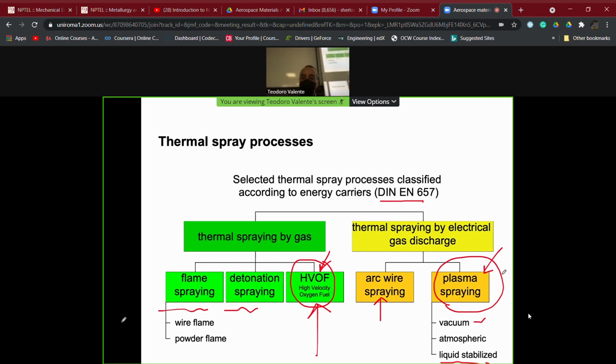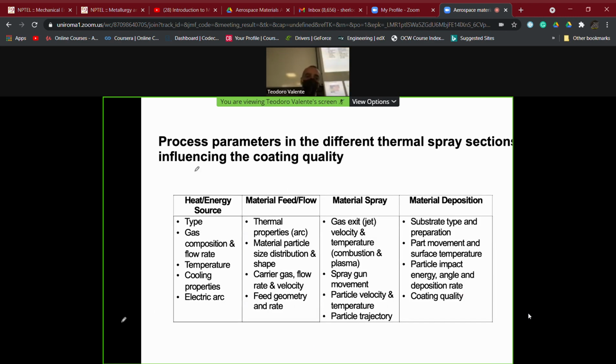And from this, we will start in the next lecture, giving a short comment, because this is a general table for all the spraying processes, on which are the most important processing parameters, which will then be better defined depending on the influence if we are talking about HVOF or plasma spraying in the various forms which are available to us.